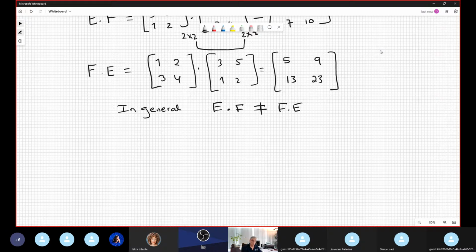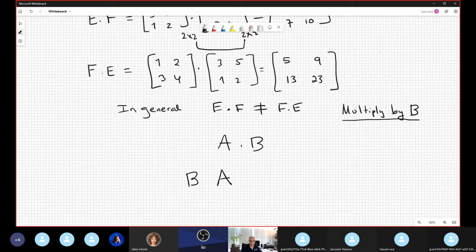Therefore, suppose you have a matrix A and you want this to multiply by B, and that's C. But then, what is the order, guys? Is it in this order or in this order? This is an important specification. When it is in this order, the name is post multiply, because it's after.